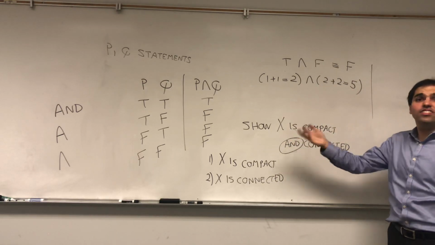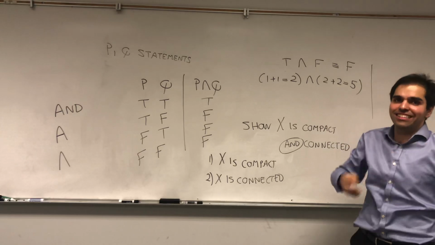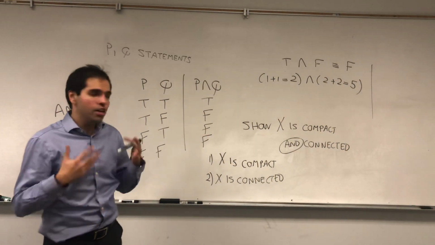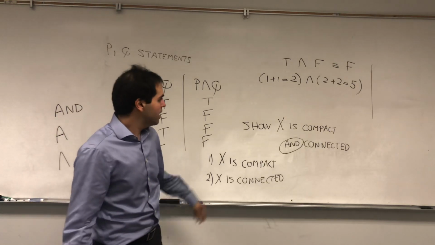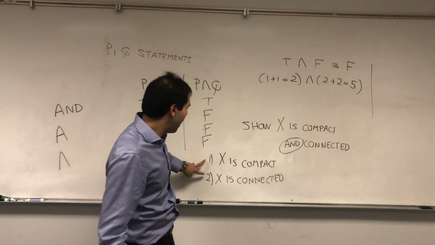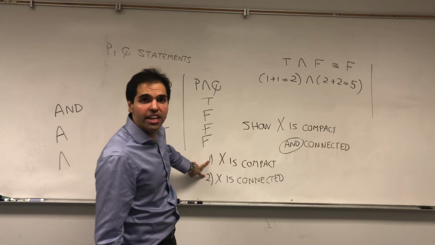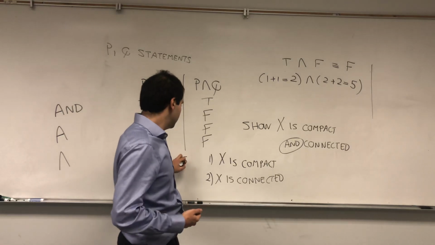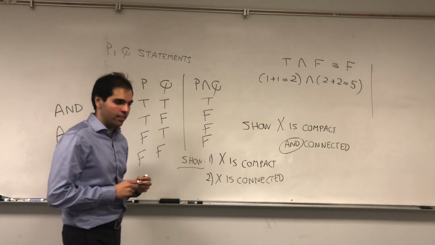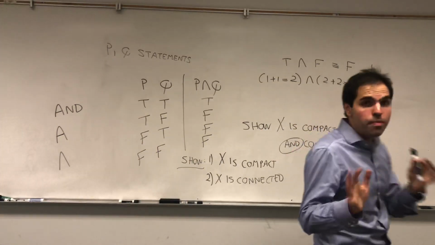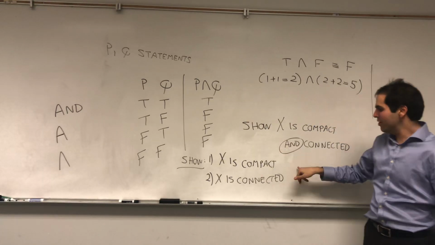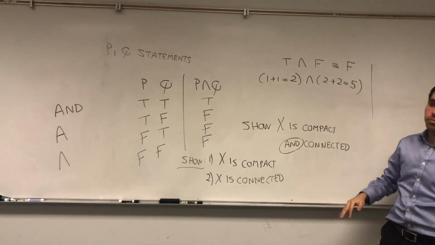And I think this is great, for example, if you have test anxiety, because usually if you see all those words together, you start freaking out, like me, but if you really see the word and, it should again give you a guide of figuring out what to do. So again, here you have to show X is compact and you have to show X is connected. And this is one of the main points of this video, is first of all drawing pretty tables, but also showing you why we care about those connectives.